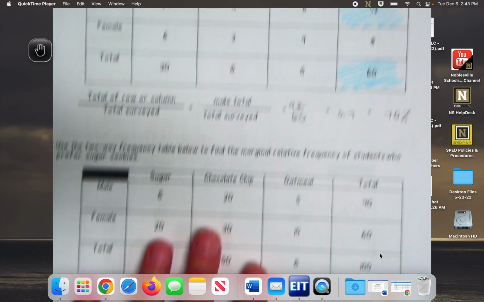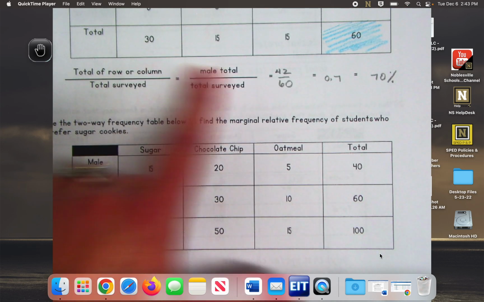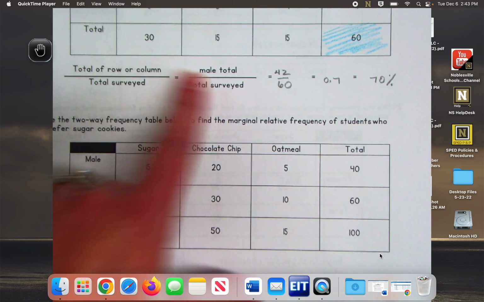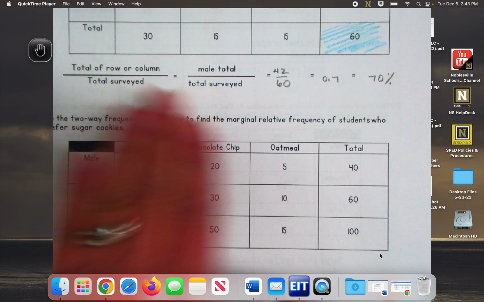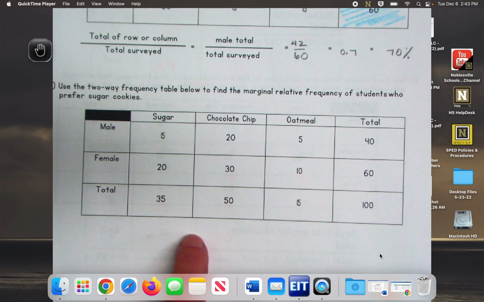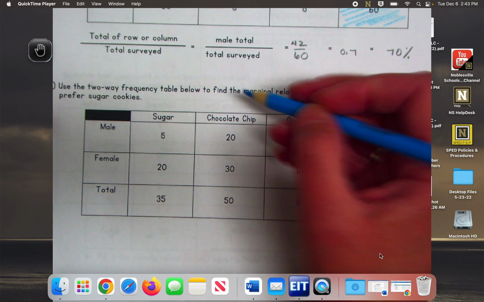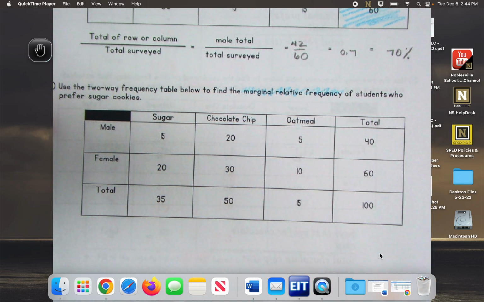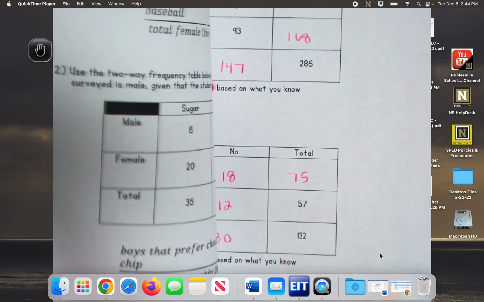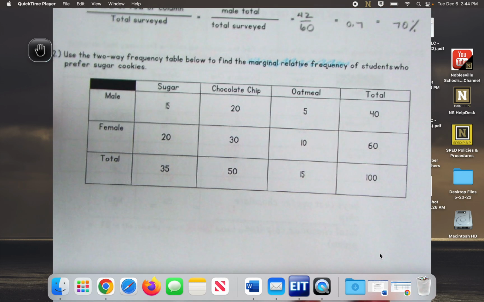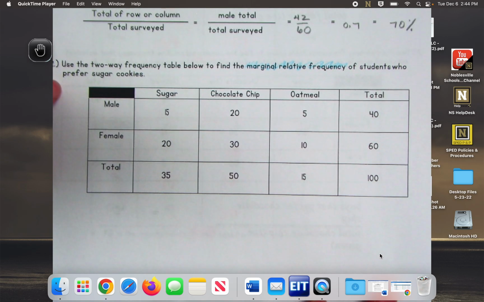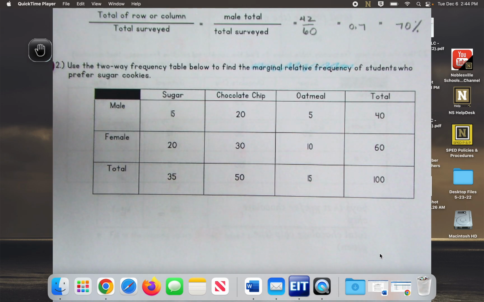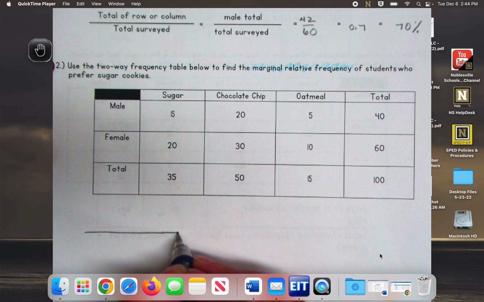How about the next one? And notice that I did not give you the fraction lead up to this. Use a two-way frequency table to find the marginal relative frequency of students who prefer sugar cookies. So what's going to be in my numerator here?